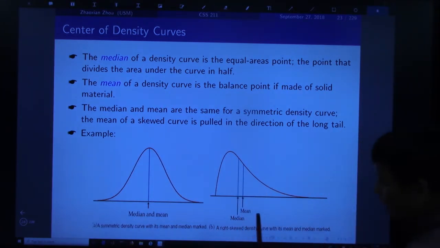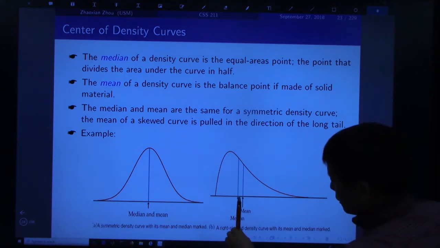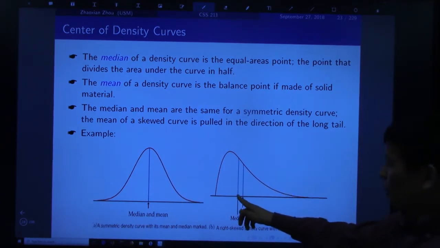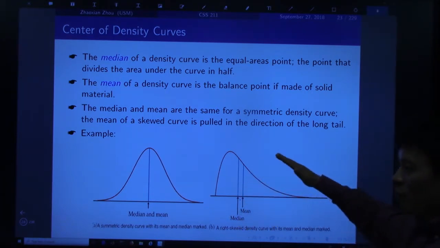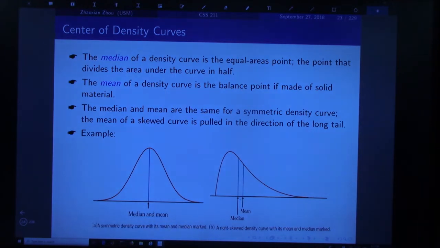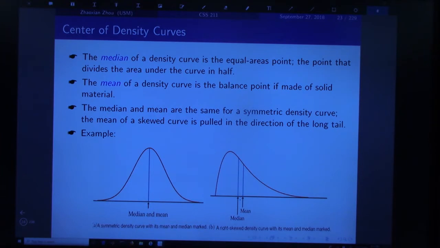If you put it at this median point, it won't be balanced. You can imagine that this side will be heavier and will turn clockwise. So this is not a balanced point. Instead, the mean is the balanced point. So this is the physical meaning for the mean and the median of the density curve.